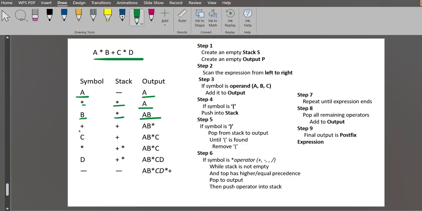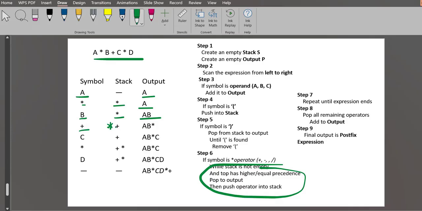Now here is plus. There is one more rule you have to check. When you put plus here, multiply is already in the stack.